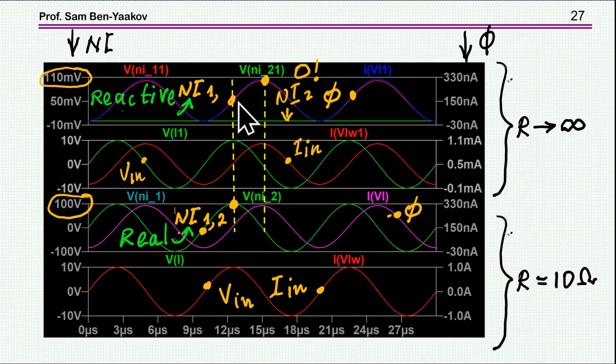In the background situation of the reactive operation, we have no shift between the MMF and the flux, while here we have a shift between the MMF and the flux, meaning that these are orthogonal, and the MMF is not the source of the flux. They are not related. They are sort of two separate processes which do not interact one with the other.